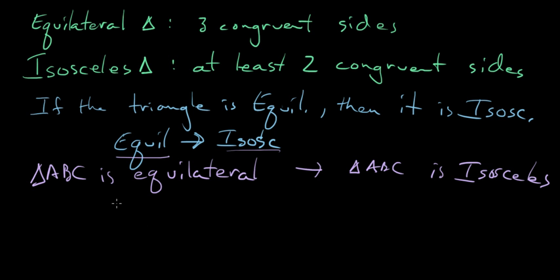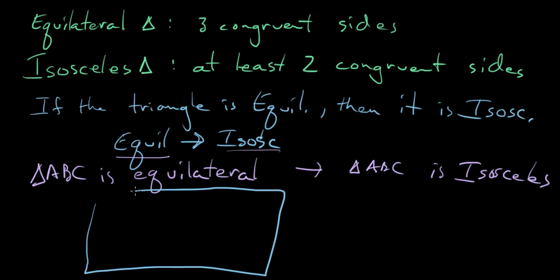So we're going to make a fancy little Venn diagram here, and we're going to show you how this whole thing works. This big one is isosceles triangles. All the isosceles triangles in the whole world are in this big rectangle.